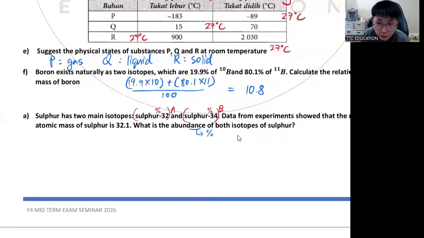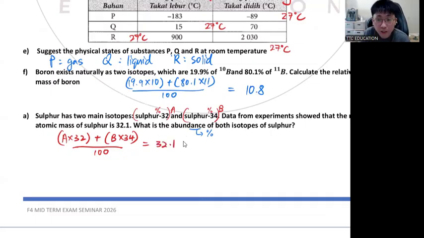So what we know is, we take percentage multiply mass, plus percentage multiply mass, divide by 100, equal to the average, 32.1. Now you understand?